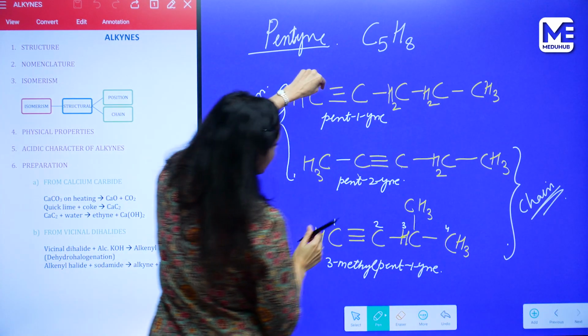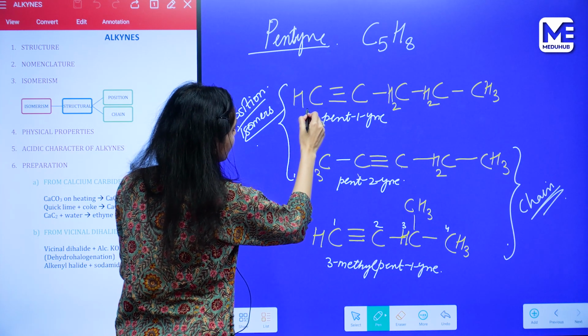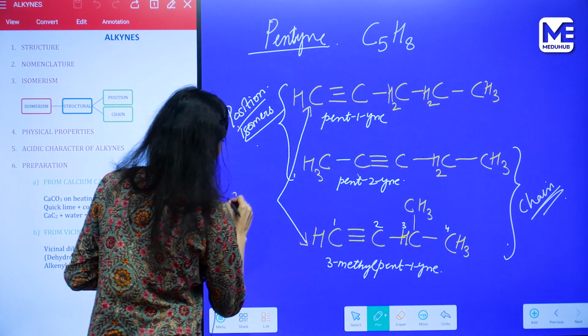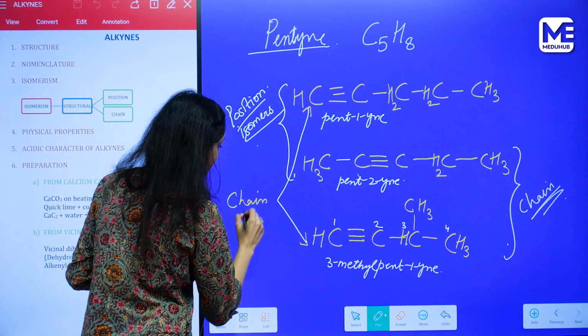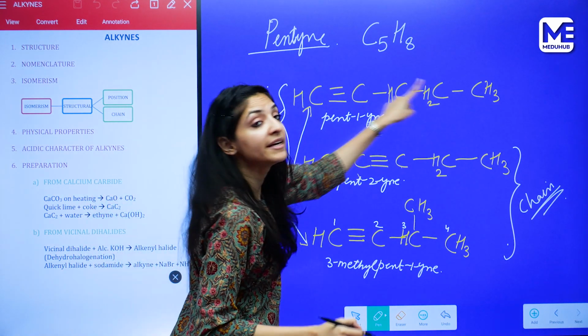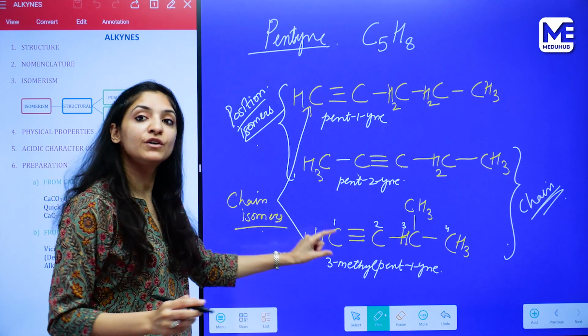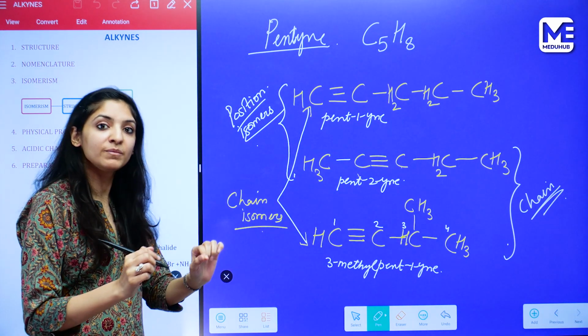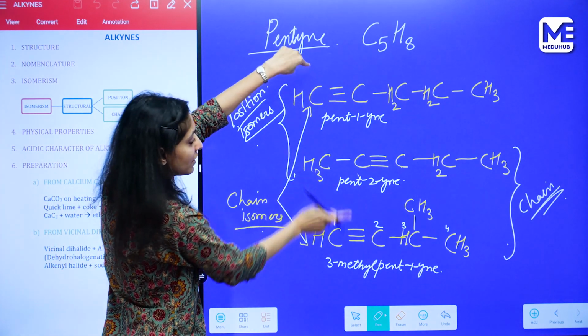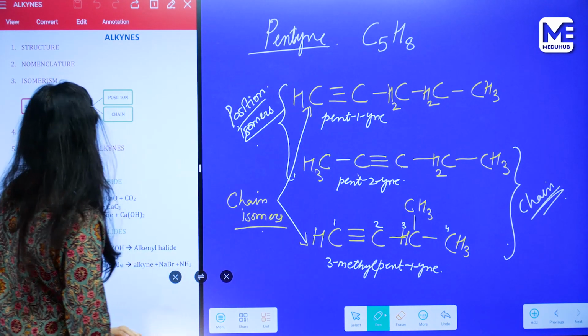Similarly, the first and the last one also, these two are also called chain isomers. Because this is a straight chain, this is a branched chain, the number of carbon atoms is the same, the molecular formula is the same, the basic carbon skeleton is different. That is why these two are called chain isomers, right?